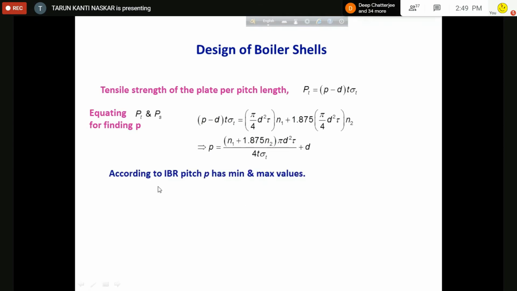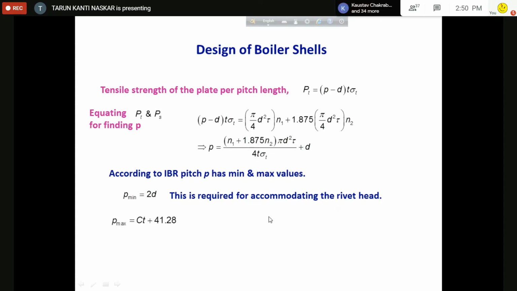Now according to IBR, each P has minimum and maximum values, and we should stick to those values. P minimum is 2D, and this is required for accommodating the rivet head. Obviously without making it 2D, you cannot accommodate the rivet head.